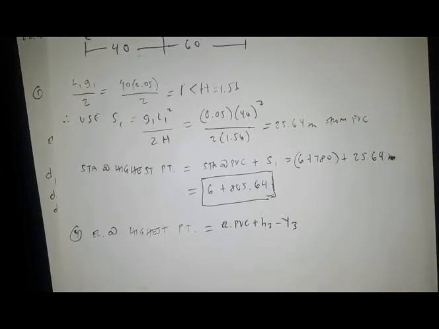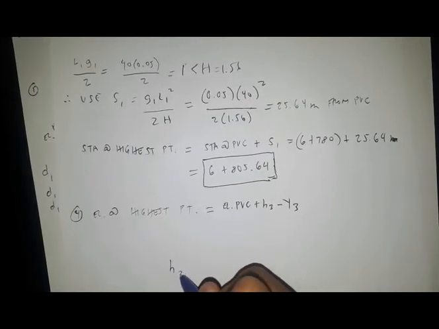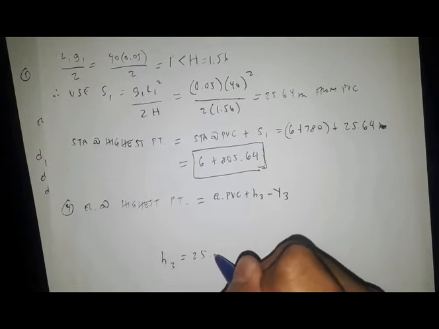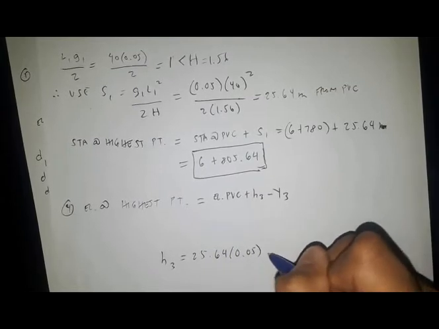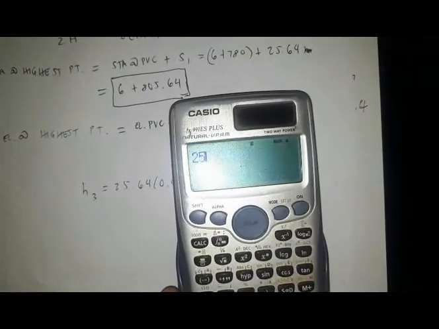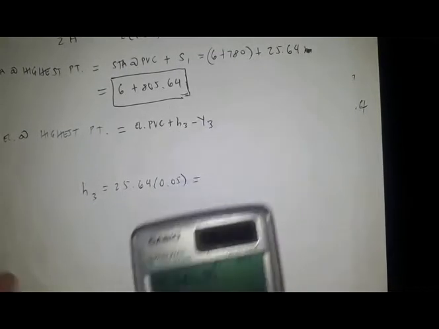So H3 equals this distance S1, 25.64 multiplied by the grade of 5%. So that is equal to 25.64 times 0.05 equals 1.28.